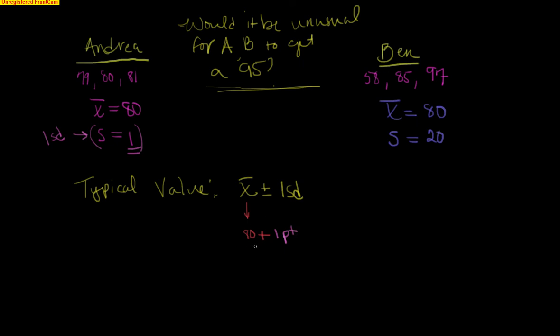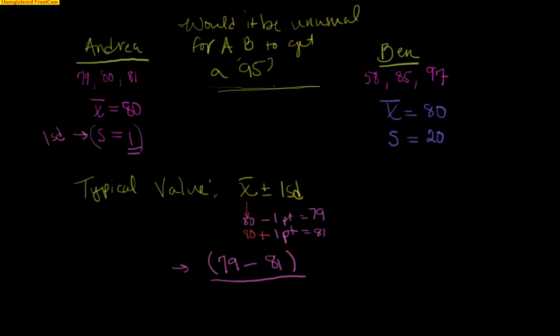So that's the upper limit, 81. Now the typical range: she could get anything between an 81 and 80 minus 1 standard deviation, which is 1 point for her, which equals 79. So a typical exam for her lies in this range. This is her typical value, her typical spread.